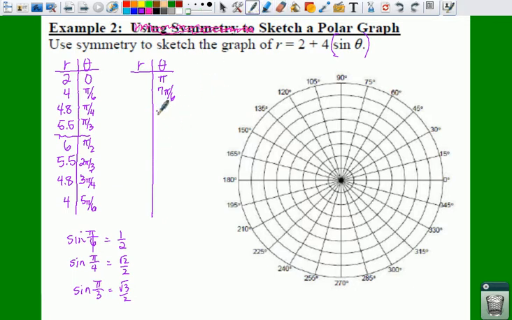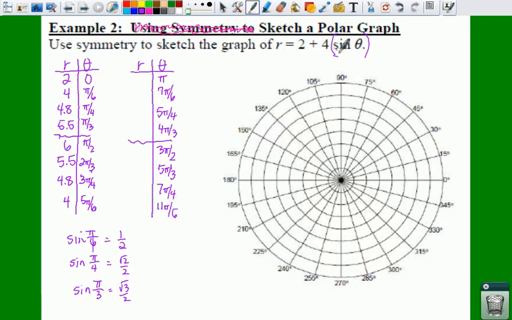We had a 5 pi over 4, then 4 pi over 3. Then we go into the fourth quadrant, including our axis, so 3 pi over 2, 5 pi over 3, 7 pi over 4, and 11 pi over 6.